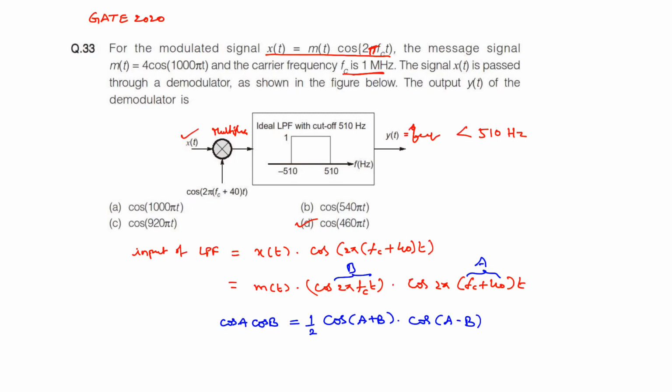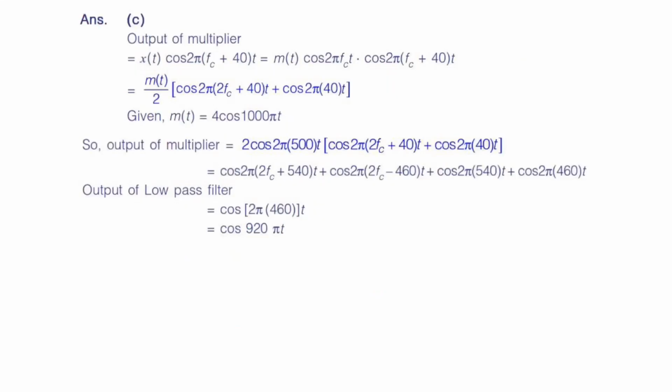So fc plus 40 is a, and fc is b. The output of the multiplier, x of t into cos 2 pi (fc plus 40) t, becomes m of t by 2 times cos of 2 pi times (2fc plus 40), which is the a plus b term, and this is the a minus b term.